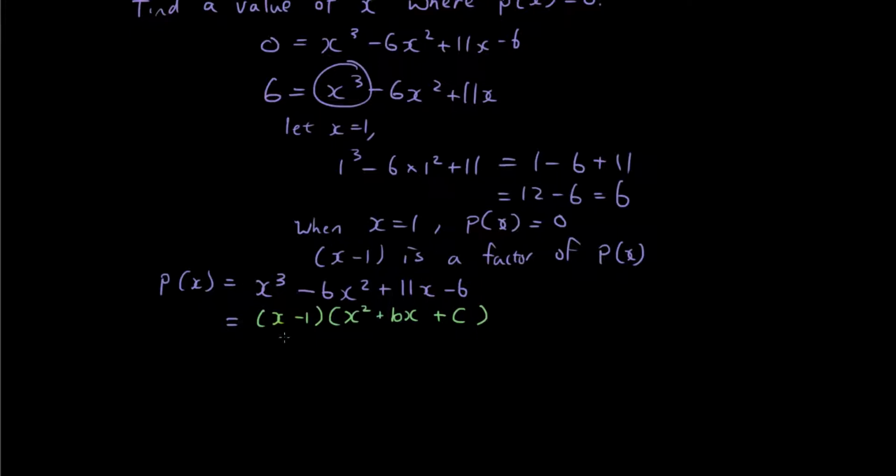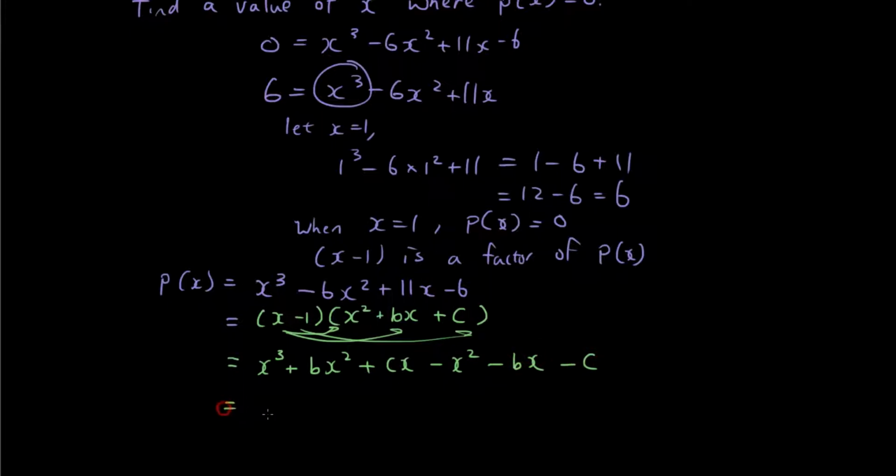So what you would do in this case is write out the left hand side and the right hand side. On the right hand side, if I expand this out, I will get x cubed plus bx squared plus cx minus x squared minus bx minus c.